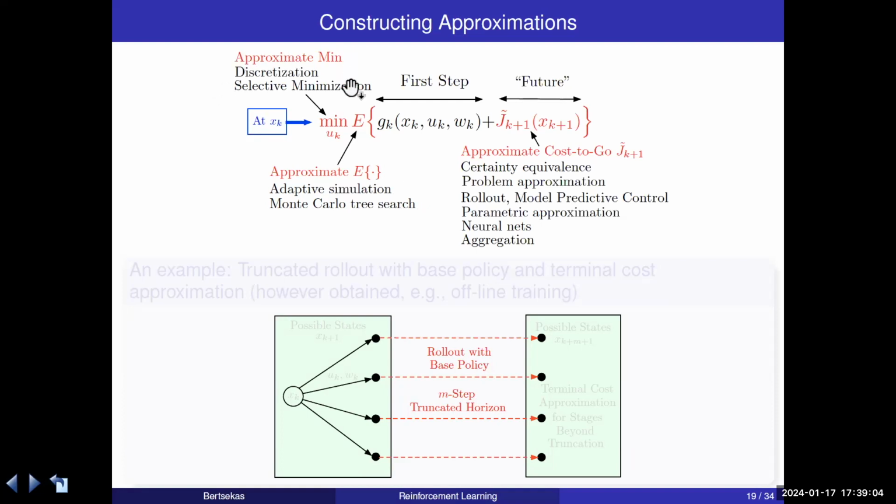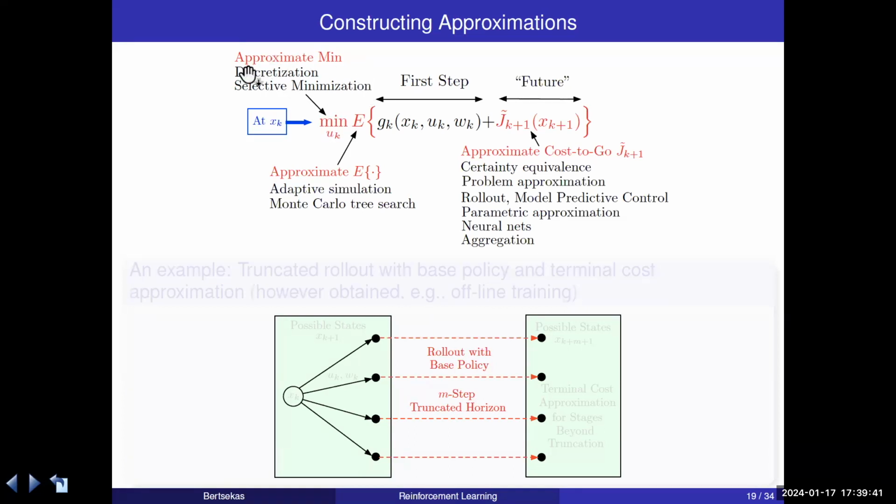Here, approximate minimization. You may have a continuous state space you approximate by a discrete space with a lot of components, with a lot of elements. You approximate it with fewer components. Like you have a fine grid, you approximate with a coarse grid, and then you may, on the basis of some criteria, thin out the control constraint set and pick out the most promising controls according to some heuristic criterion.